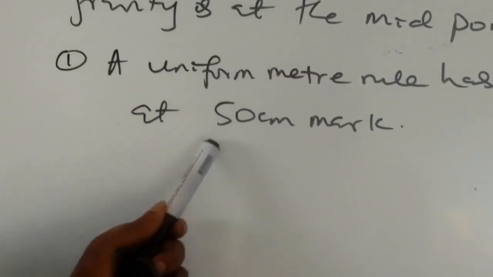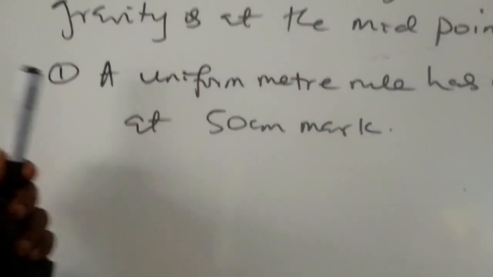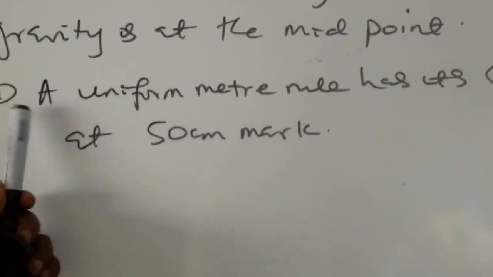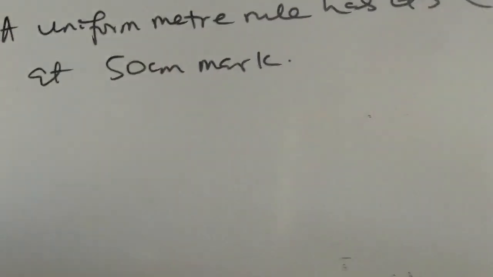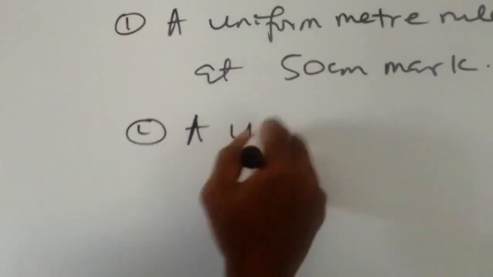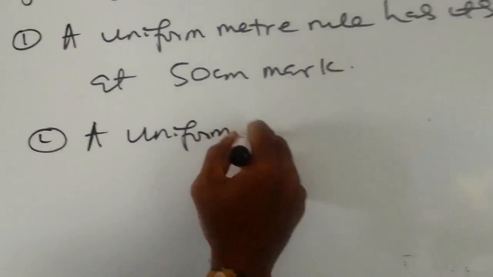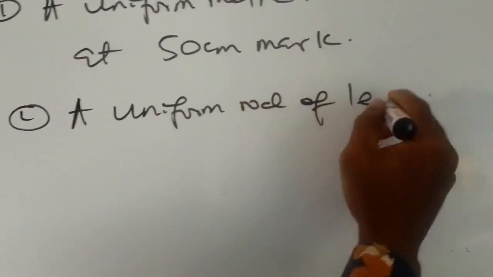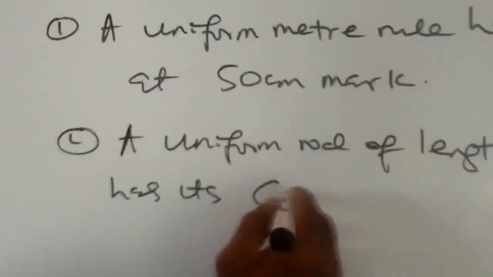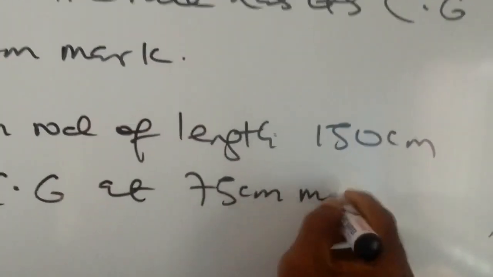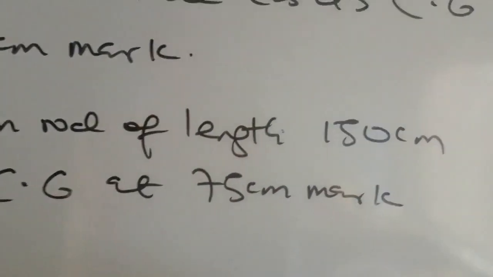The midpoint will be 50 cm. But if the meter rule is not uniform, the center of gravity cannot be at the 50 cm mark. You have to determine it by experiment. Another example, a uniform rod of length 150 cm would have its center of gravity at the 75 cm mark, which is the midpoint.